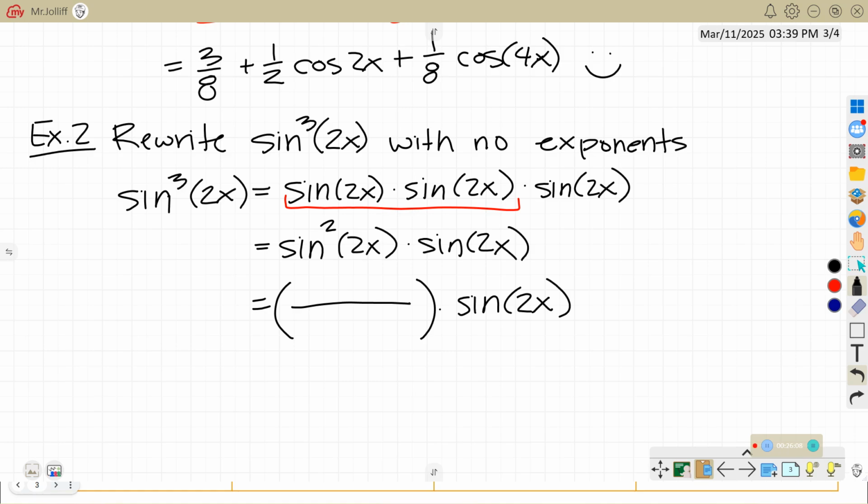Sine squared becomes what? 1 minus cos. Yeah, 1 minus cos of something over 2. And just like with cosine in the last example, when I go from a squared to a single function, I double the angle. If my angle was 2x to start with, what is it now? Yeah, 4x. Perfect.